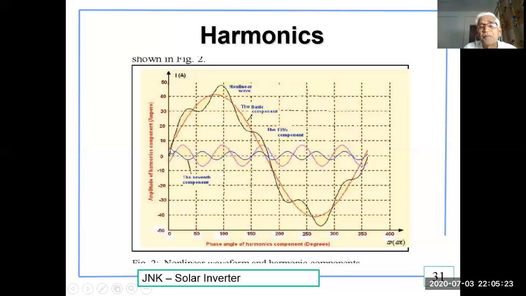These two combined with the fundamental give a curve shaped like this. That is a distorted one. The distorted curve, because of the third harmonic and fifth harmonic, will create problems in the power system. So our aim is to eliminate that, and this also has to be taken care of by the inverter.